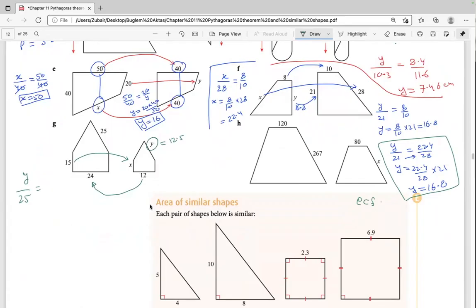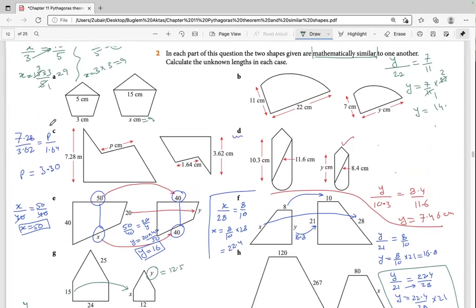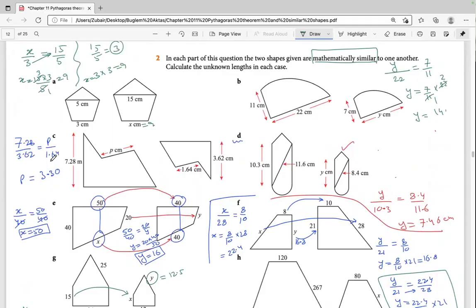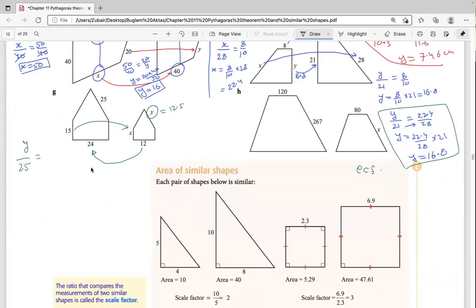If the examiner says, like in 1C where we found P, give your answer to 3 decimal places, fulfilling the demand of the question will give us full marks, even though our answer is correct. So we need to look at every single part of the question and answer it fully. If the question says state, then there is no requirement. This is a relaxed question and you may opt for any method just to achieve the correct answer. That is again the demand of the question.